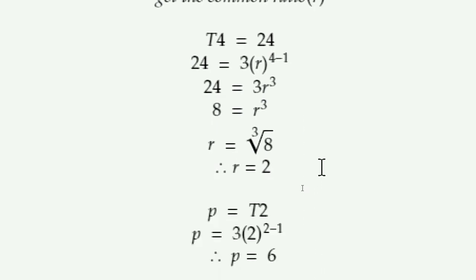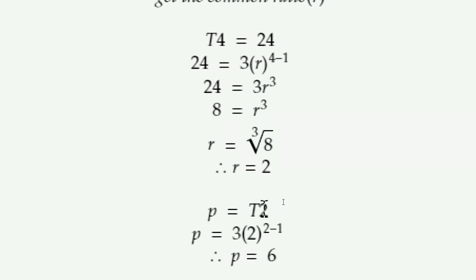We know that P is actually the second term. Now that we have R, it will be simple for us to get the second term, which is P. We can just say P is equal to, using our general equation again, 3, which is the value of A, times R, which is 2, we just got it, to the power n minus 1.